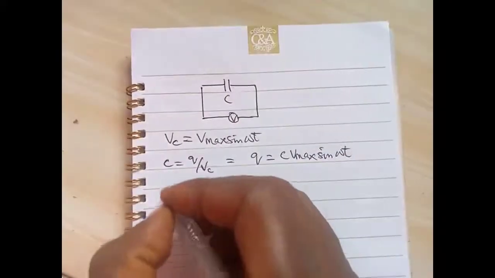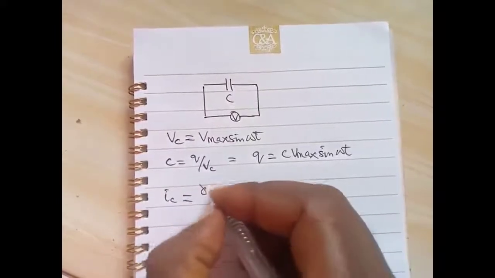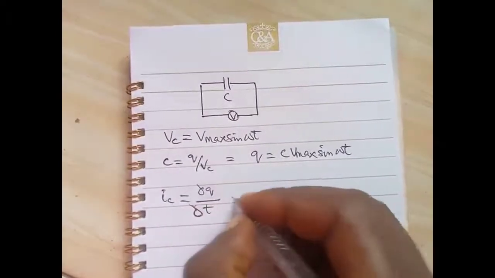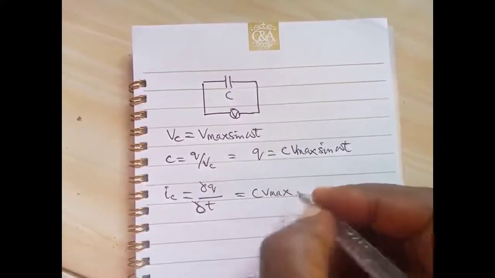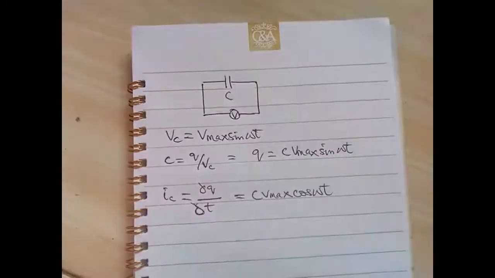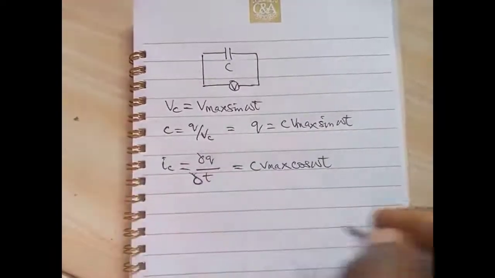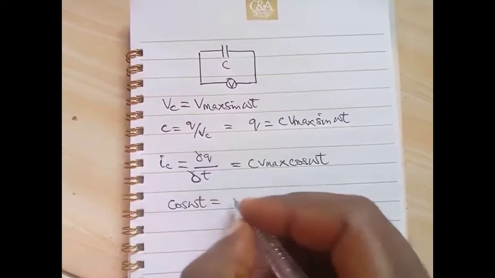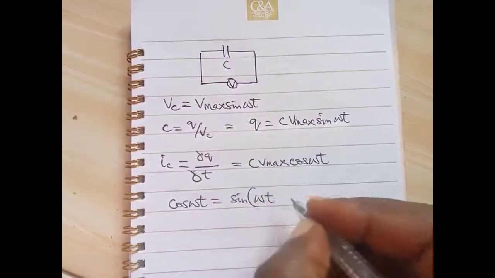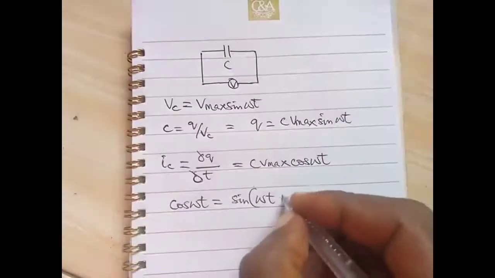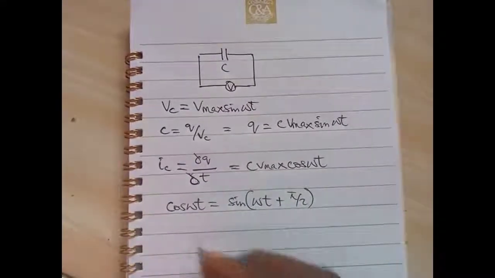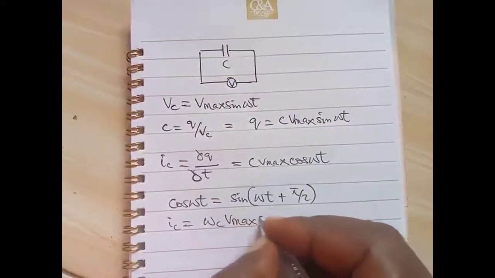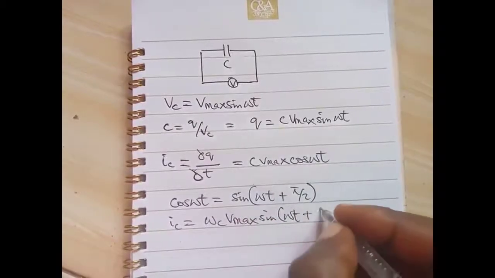Now, for the current of that capacitor, IC is change in Q over change in T, which is equal to omega C V max cos omega T. So if we use the trigonometric identity, we have that cos omega T is equal to sine of omega T plus pi over 2, so that IC is equal to omega C V max sine of omega T plus pi over 2.